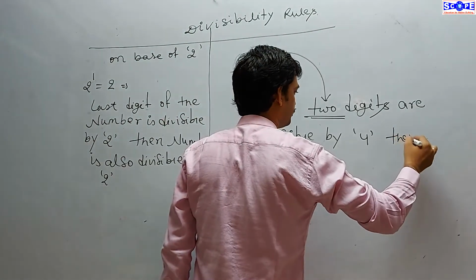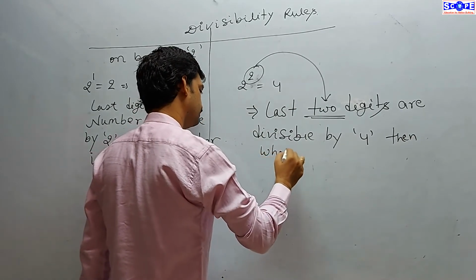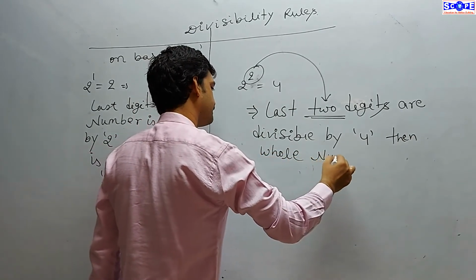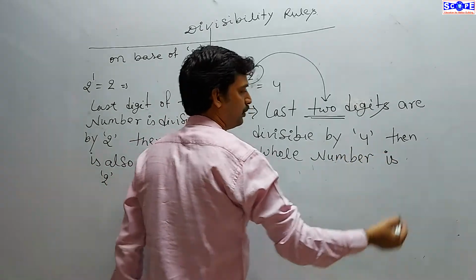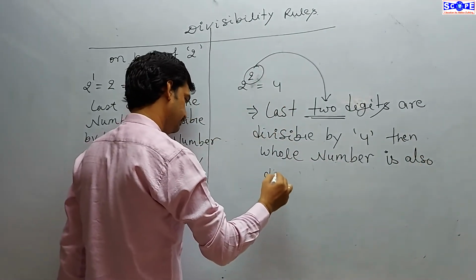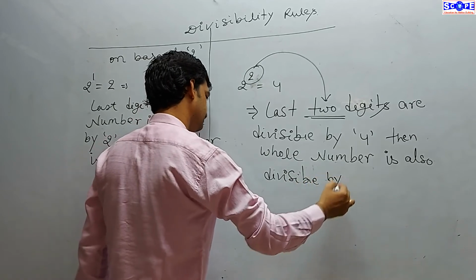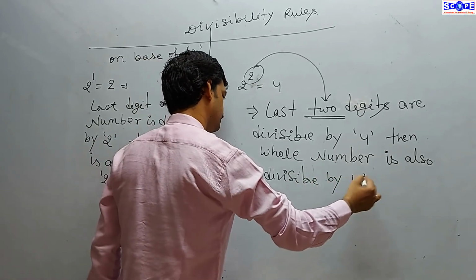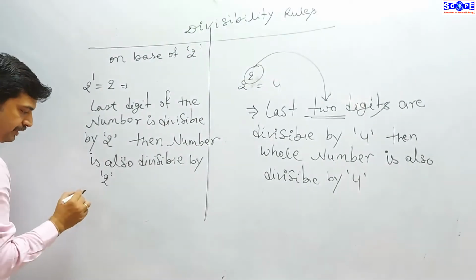Then the whole number is also divisible by 4. Right?